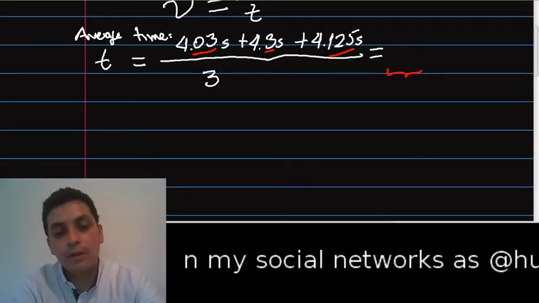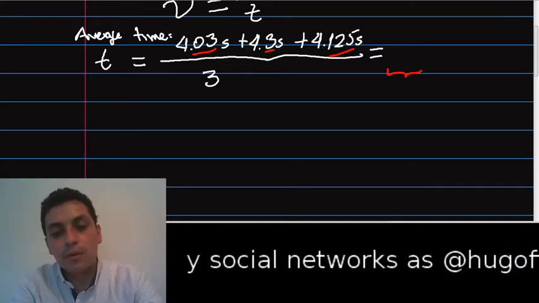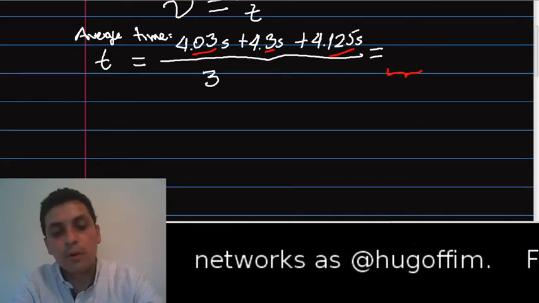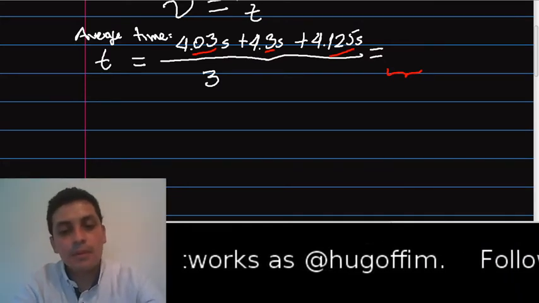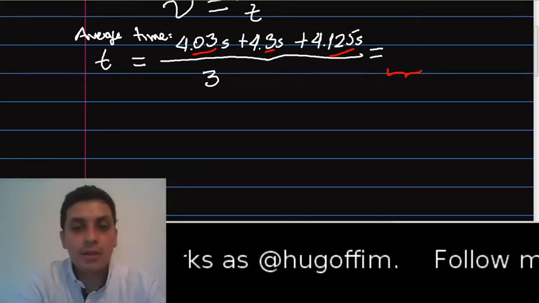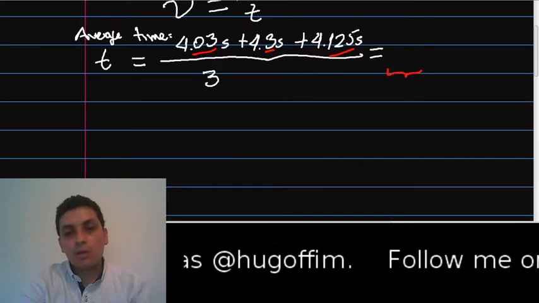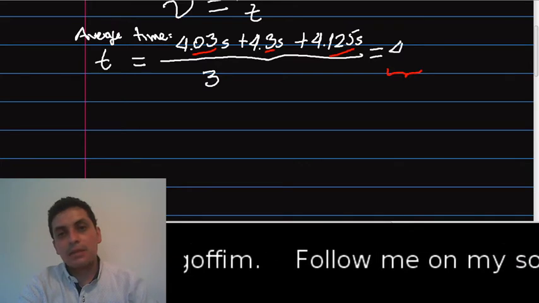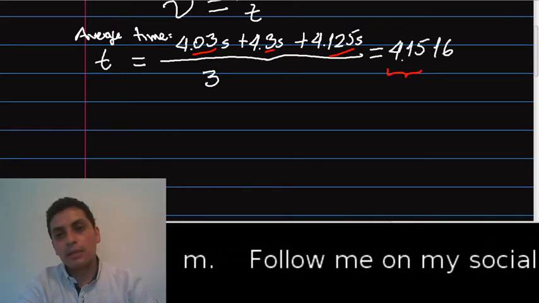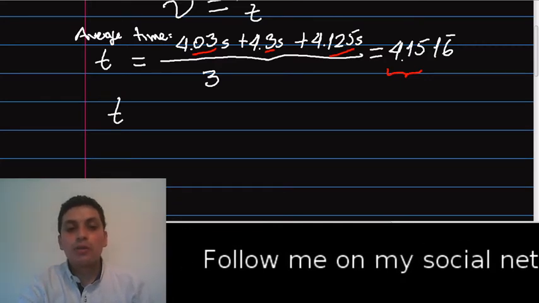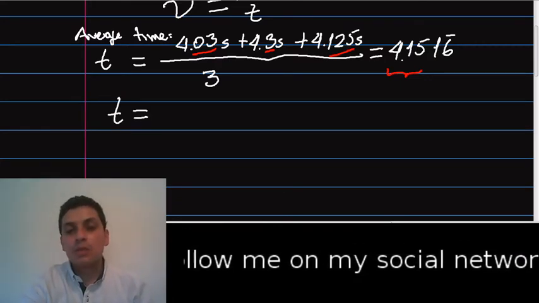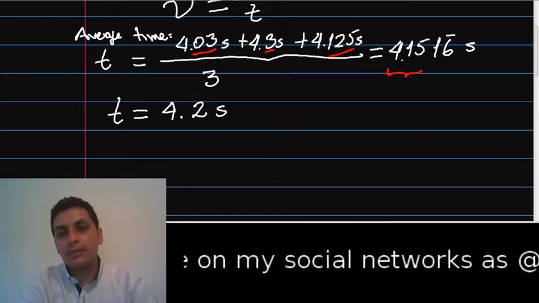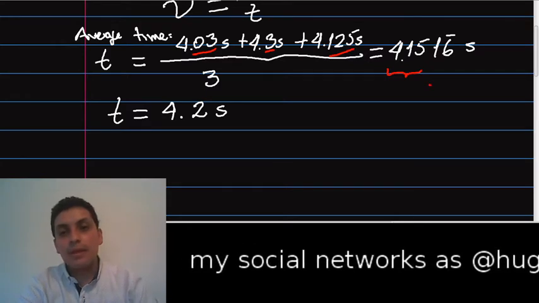Take 4.03 plus 4.3 plus 4.125, then after the addition divide by 3, and the result in my case is 4.1516 periodic, but we're going to round using significant figures to 1 decimal place, so the time is going to be 4.2 seconds.